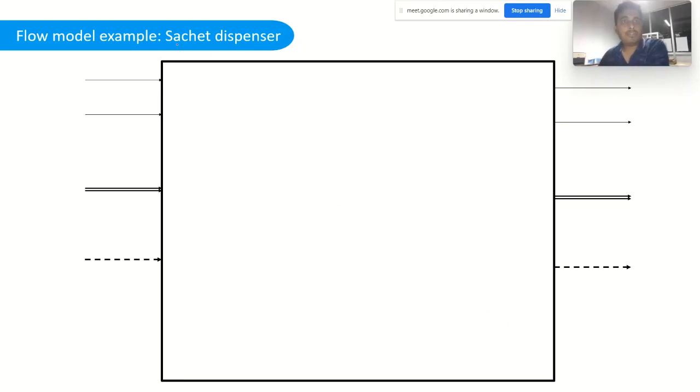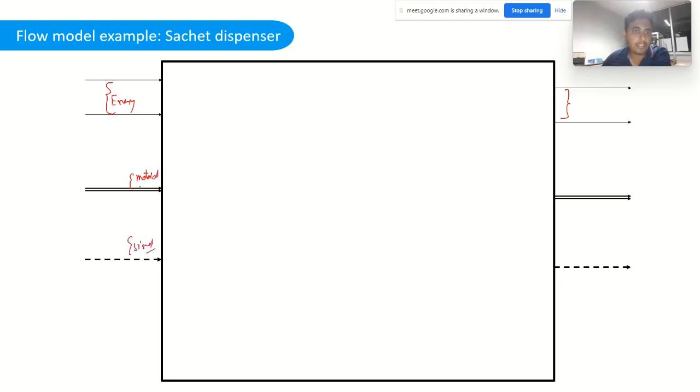Okay, so let's do the exercise. So here, as we understood, we have three different kinds of inputs and three different kinds of outputs. One type of input is energy, second type of input is material, and third type is signal.